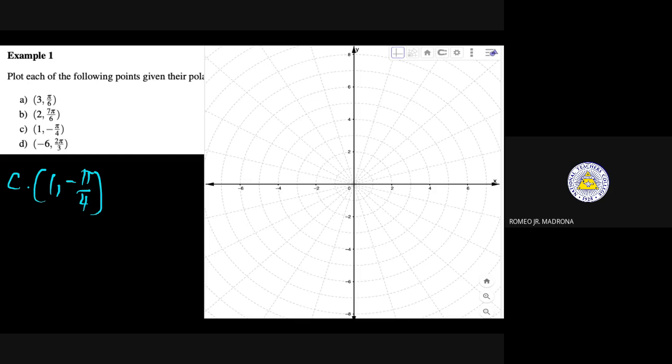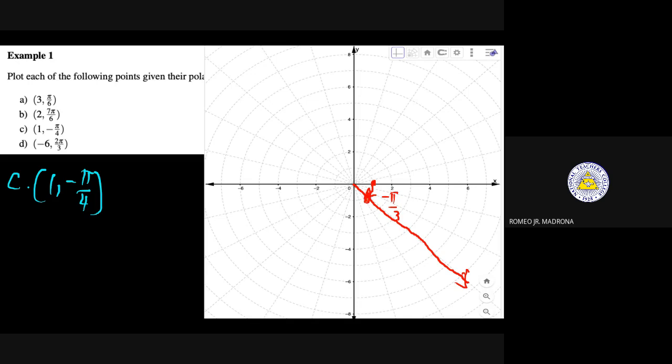Okay, so letter C, 1, nandito siya. Alright, and negative pi over 4. That's half of 90 degrees, so nandito yun. Ayan. So, since the given angle is negative, therefore the direction is clockwise. So, negative pi over 4. And since we're looking for 1, negative pi over 4, so nandito siya.